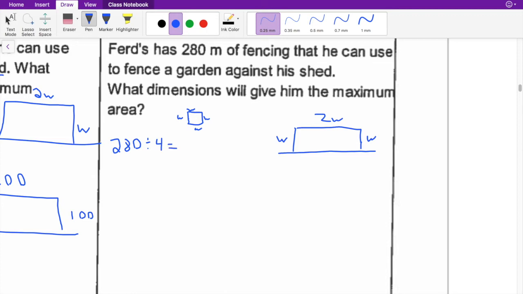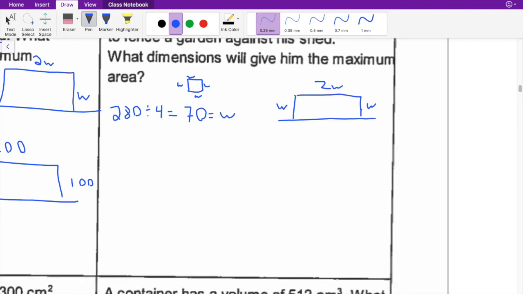And that is going to equal 70, I believe, but let's check my calculator before I make a mistake. And that equals 70. So one width equals 70. That is a horrible W. Take that away. Good.